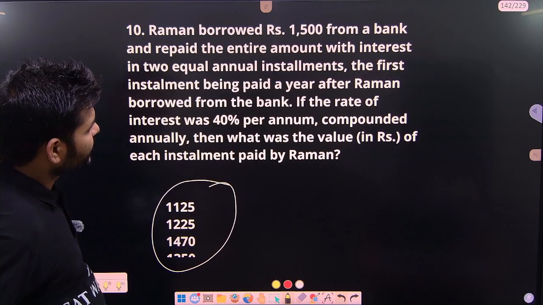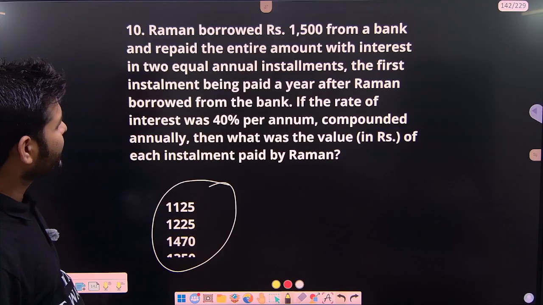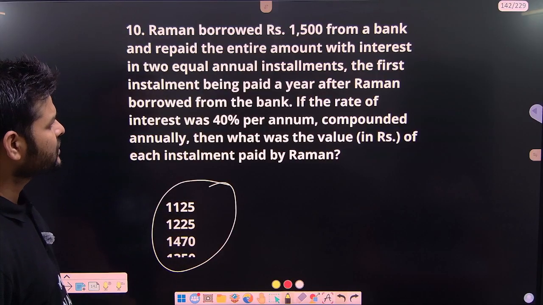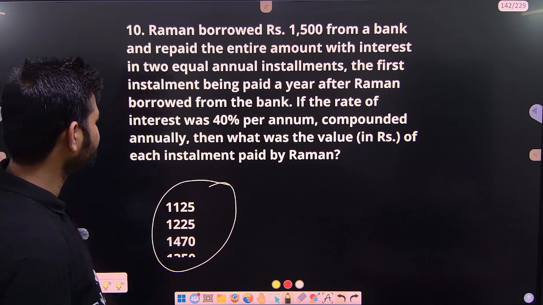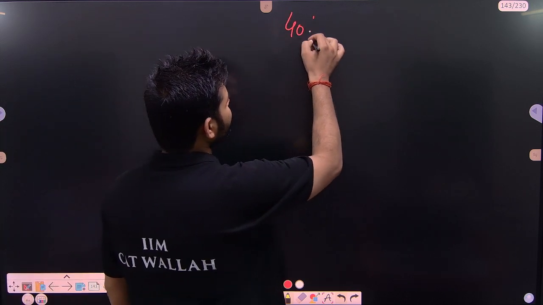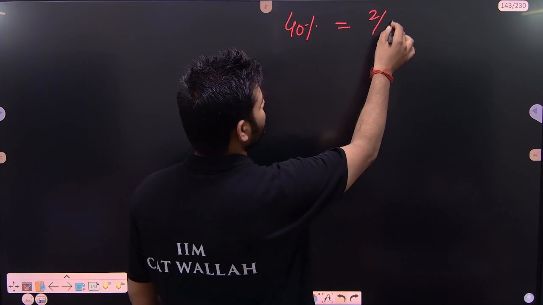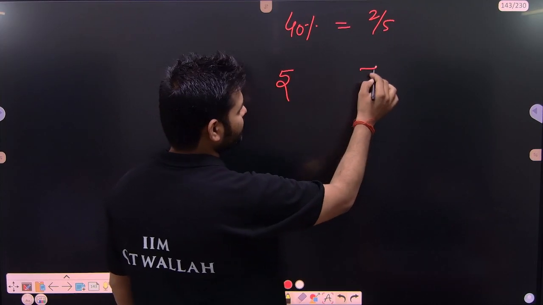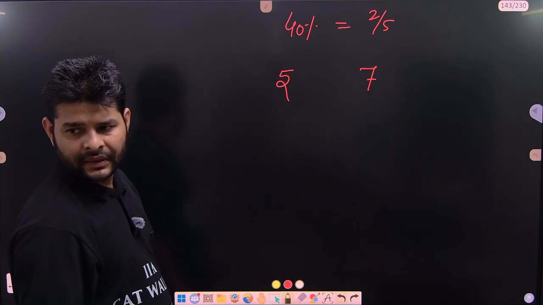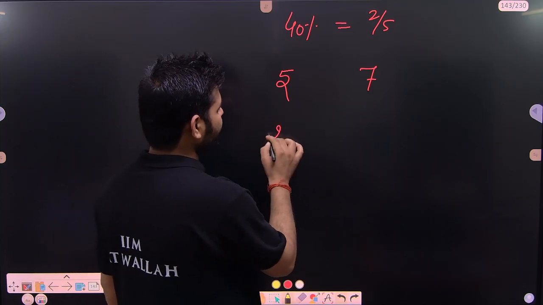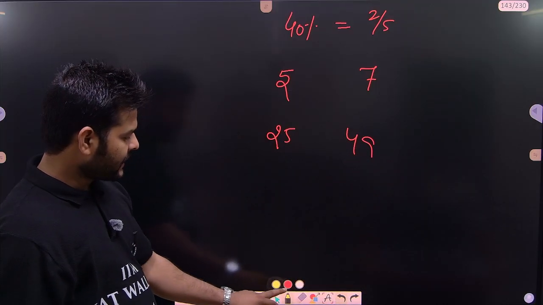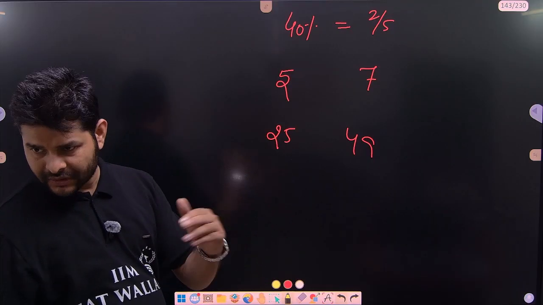Raman borrowed rupees 1500 from a bank and repaid the entire amount with a rate of interest in two equal annual installments. The rate of interest is 40%. So 40% means 2 by 5. That means if rupees I have taken 5, it will become 7 just after 1 year. And this money will become 25 to 49 just after 2 years. And the condition says both the installments are equal.